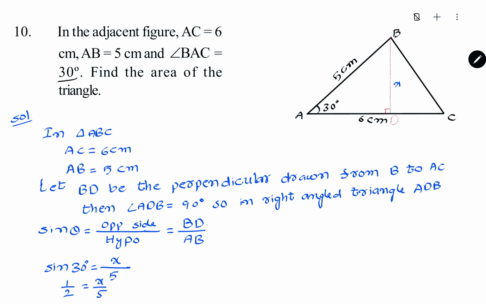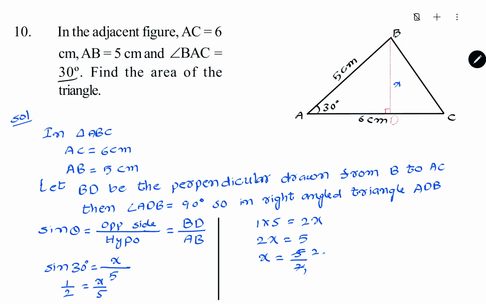Now do cross multiplication. Here 1 into 5 is equal to x into 2, 2x. We can write like this, 2x, 5 1 ja 5. Transpose 2 from LHS to RHS. Then it will be divided 5 by 2. 2 1 ja 2, 2 2 ja 4, 1.